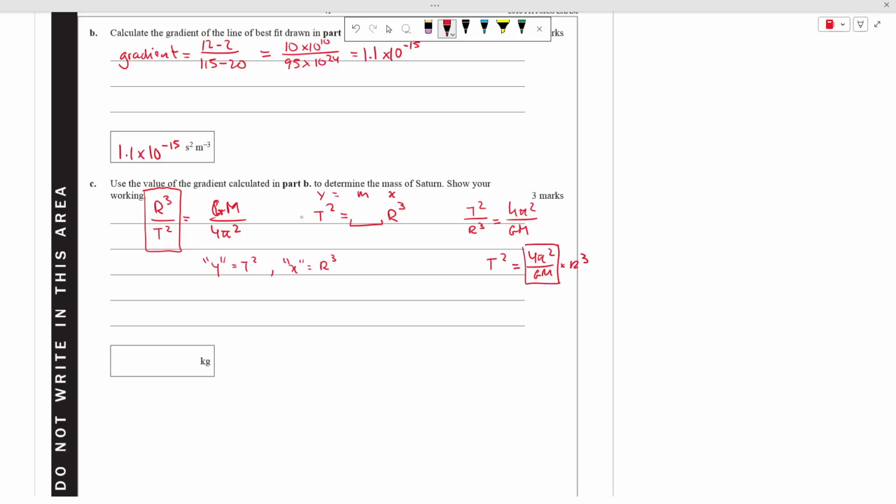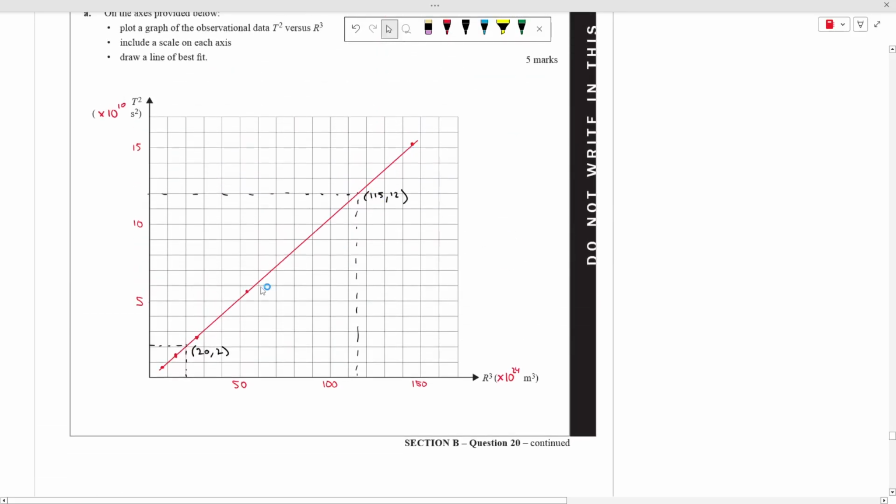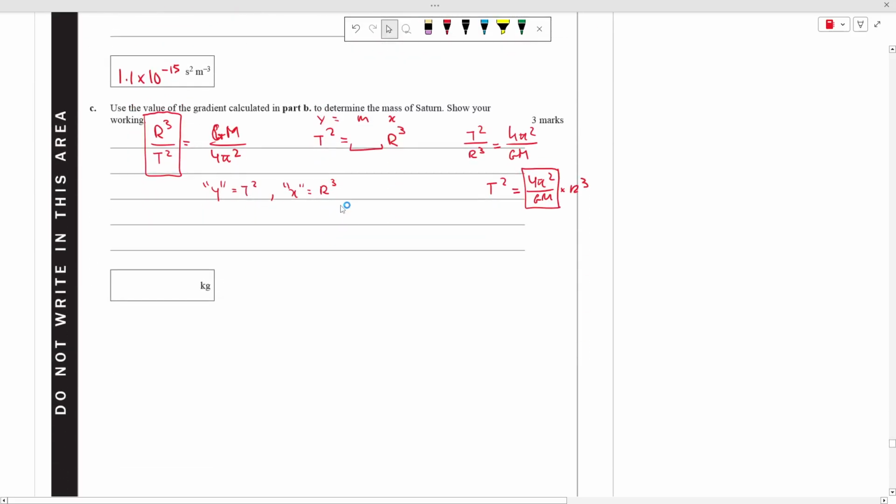So this whole thing here should be the value of the gradient of this graph. Okay, so I can just say gradient equals 4 pi squared over GM, which we've already found the gradient up there, 1.1 times 10 to the negative 15.